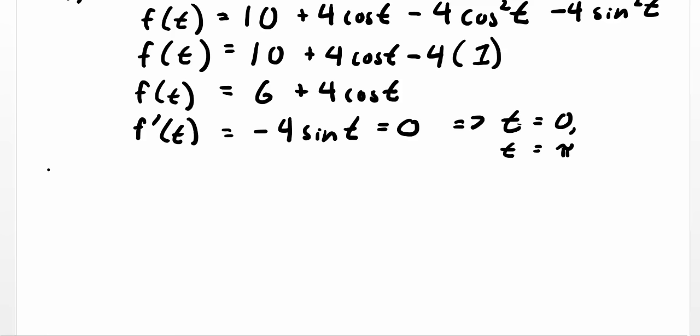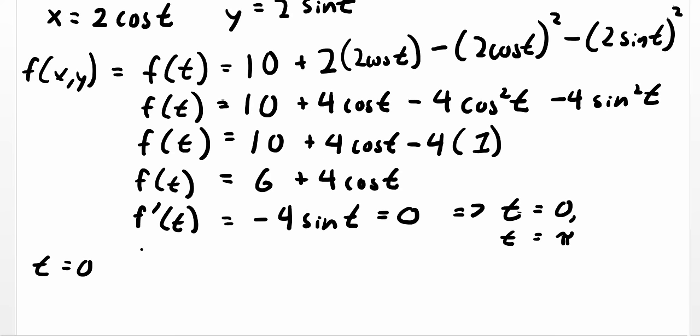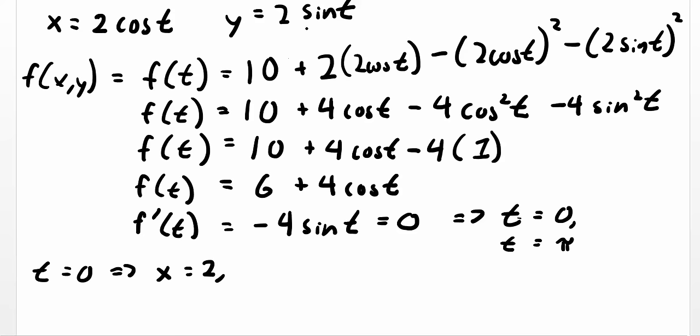Okay, now when t equals 0, if you look back at our parameterization, this means that x equals 2 times cosine of 0. Cosine of 0 is 1, so x equals 2. When t equals 0, y equals 2 times sine of 0. Sine of 0 is 0, so we get y equals 0.